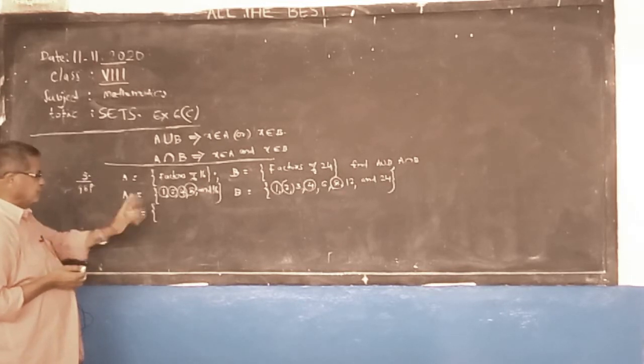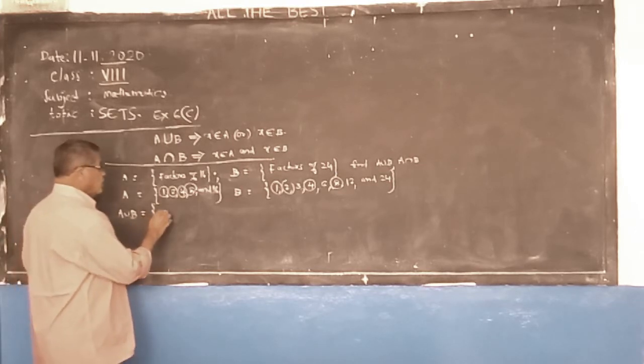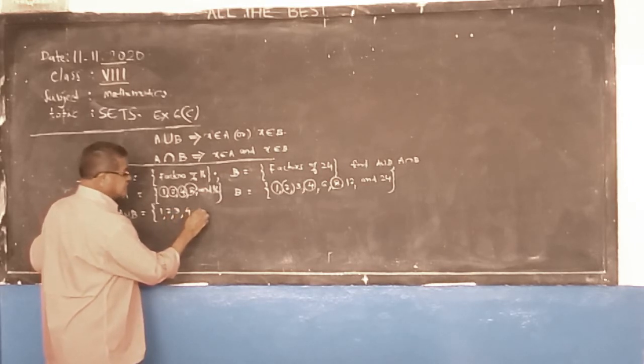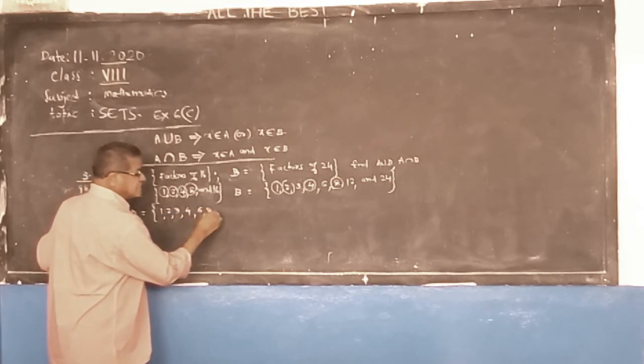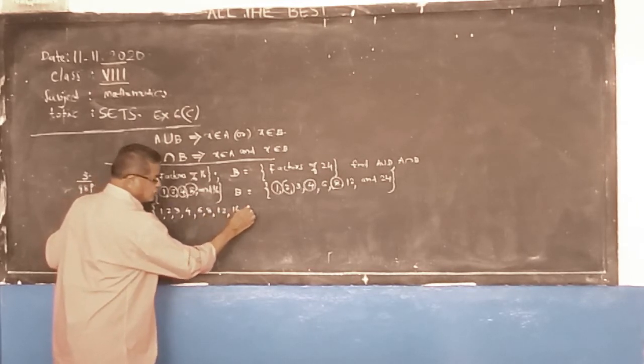And in A union B, you write in order: 1, 2, 3, 4, 6, 8, 12, 16, and 24.